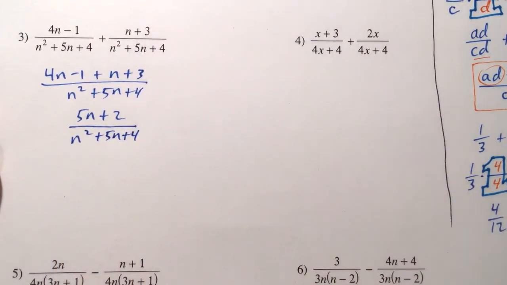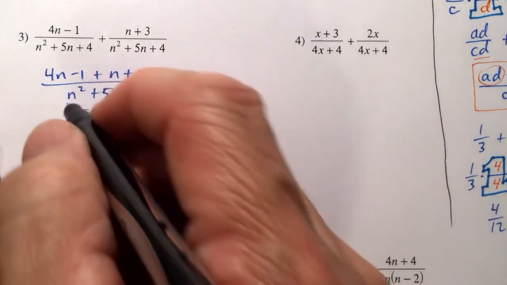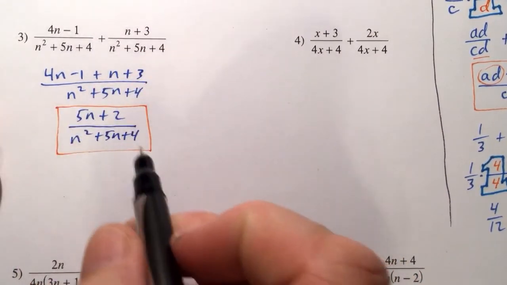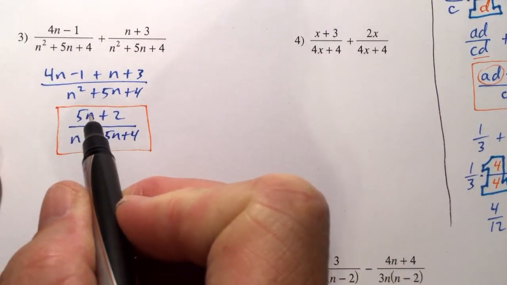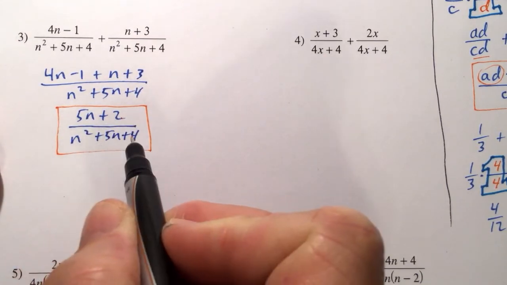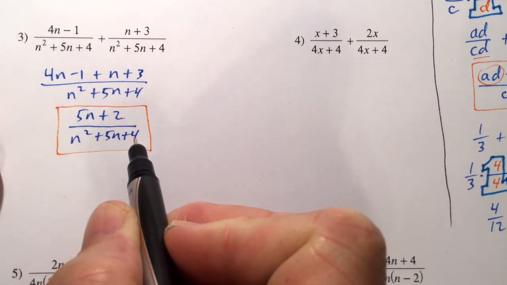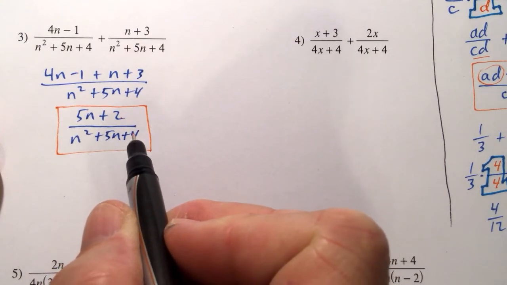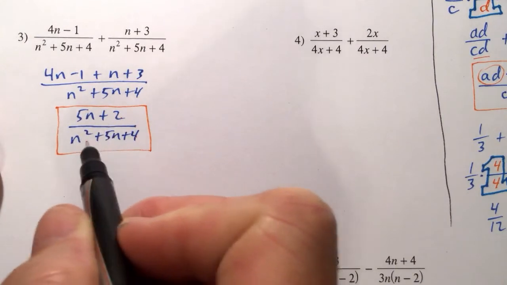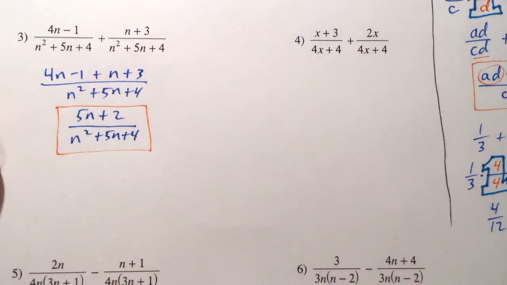So here I'm glad I didn't factor the denominator, because what happens here is I know that 5n plus 2 cannot be a factor of this polynomial down here. And if that's the case, then there's no need for me to factor the denominator, because there's no way that I could cancel one of those factors with the factor that we see in the numerator. So we're going to go ahead and leave it alone. And okay, we can do another example.